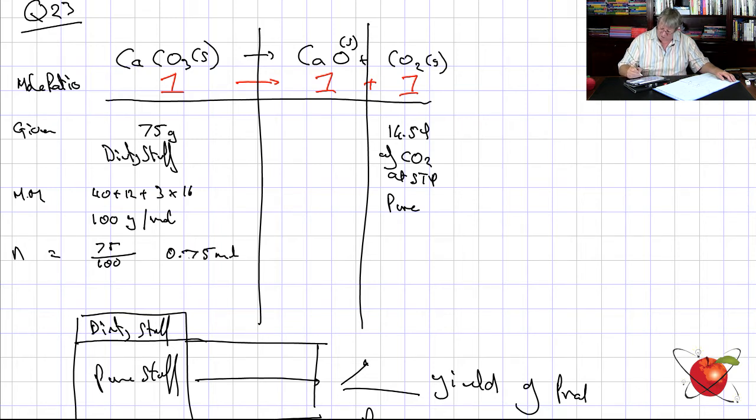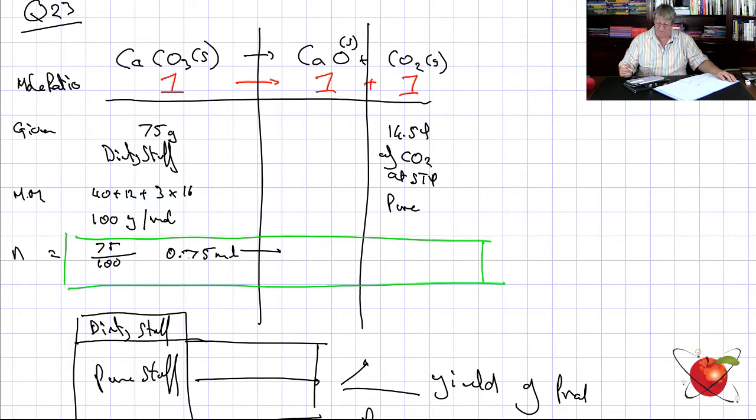0.75 moles. Now we go through the mole hole, right? This is it, isn't it? The green part, this is the mole hole. It connects all of the compounds, elements together in that mole hole. You cannot go through any other fashion. Let's just keep going backwards and forwards through the mole hole. What is the next thing we do? We say, 0.75. Therefore, the mole ratio is 1 to 1.